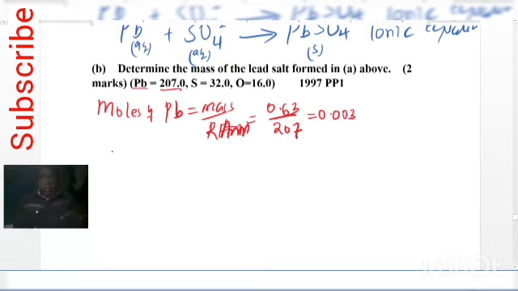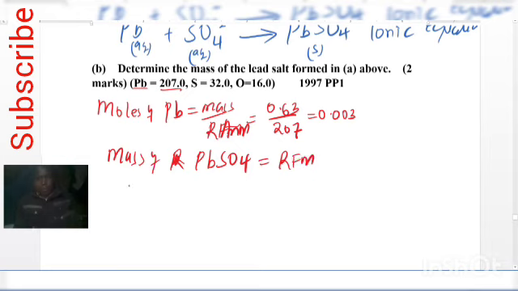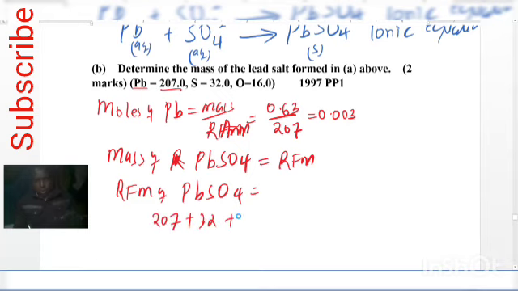So we are asked to find the mass of the salt that was formed. The salt that was formed is lead sulfate. So first let us get the RFM of lead sulfate. This is 207 plus 32 plus 16 times 4, which gives us 303.